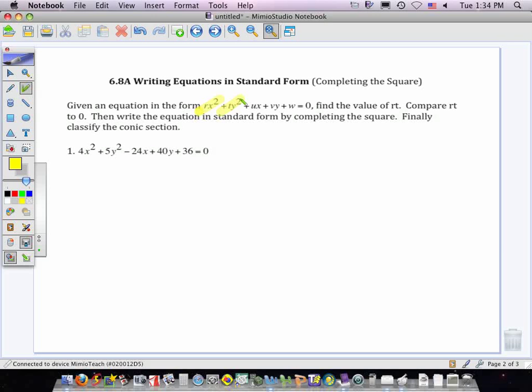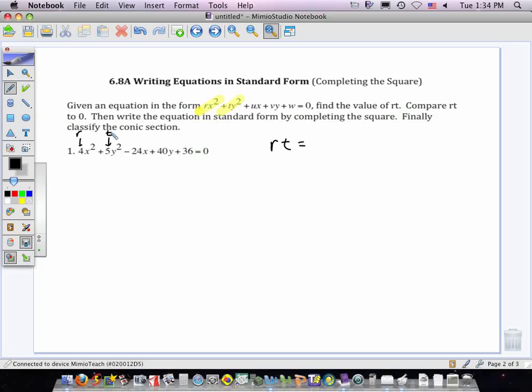So one of the things that you'll explore as we do the worksheet is I want you to find what r times t is. So in this case, r times t, well, let's see, r is your coefficient of the x squared. t is your coefficient of the y squared.